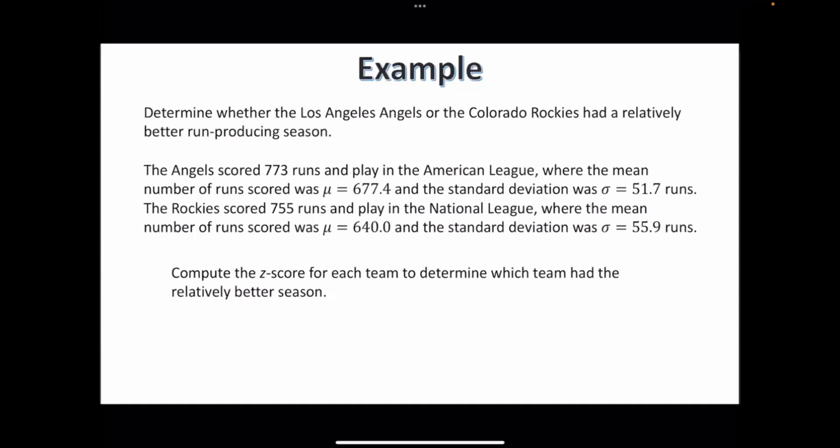The Angels scored 733 runs and play in the American League, where the mean is 677.4 and the standard deviation is 51.7. The Rockies scored 755 runs. They're in the National League, where the mean is 640 and the standard deviation is 55.9. We want to know which team had the relatively better season.